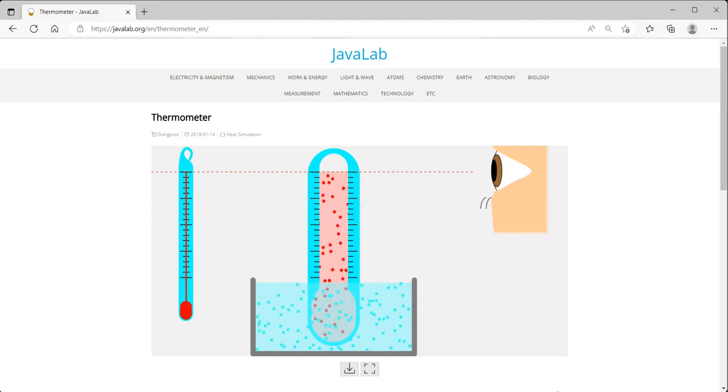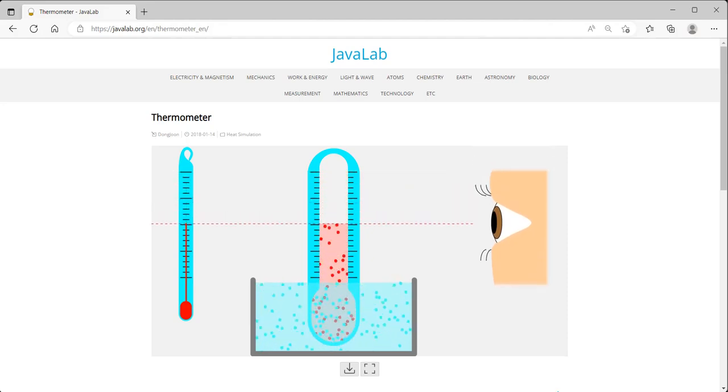You know that the molecular speed is connected to the kinetic energy, right? Kinetic energy is equal to half mv squared. That means the higher the speed, the higher the kinetic energy. Here you see that at this point the speed is high. High speed means high kinetic energy, and in turn it tells us that the temperature is high at this point.